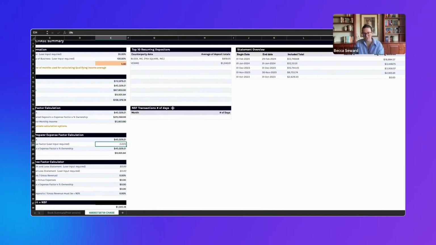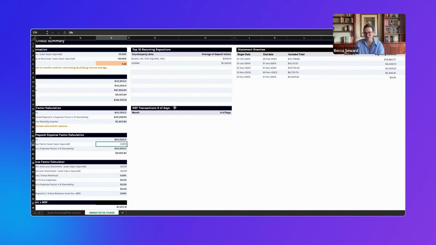Just like before, we still have NSF transaction detection, only now we will actually indicate the number of days where an NSF transaction occurred. Previously, in the legacy version of the bank statement income calculator, we would identify each individual occurrence of an NSF transaction. So perhaps a customer is sitting at the register and they're swiping their credit card multiple times in a row.